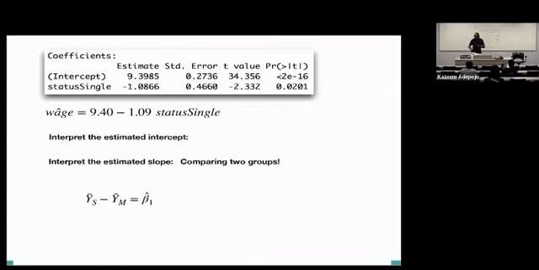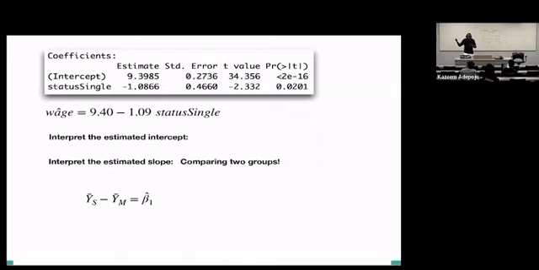Which level are we at? We're at married, because married is 0. So moving from married to what? To single now. That is basically going to take $1.09 from your money. If you take a look at what you see here, on average, you know what that means?